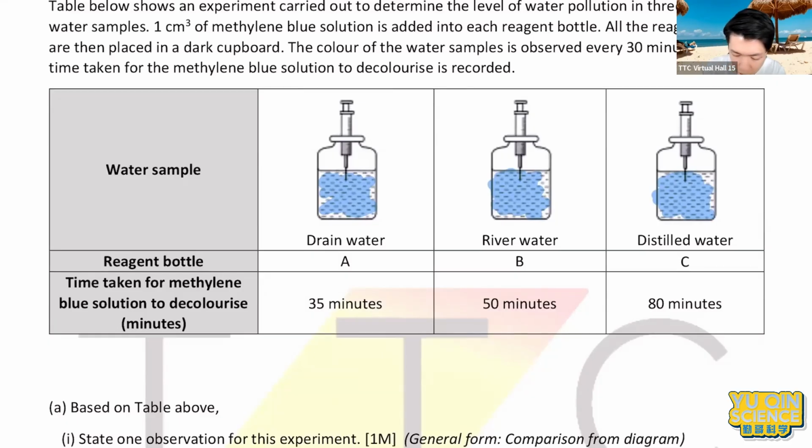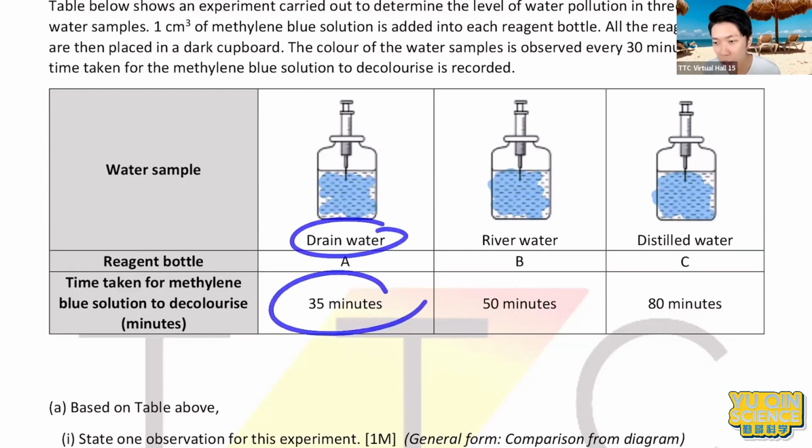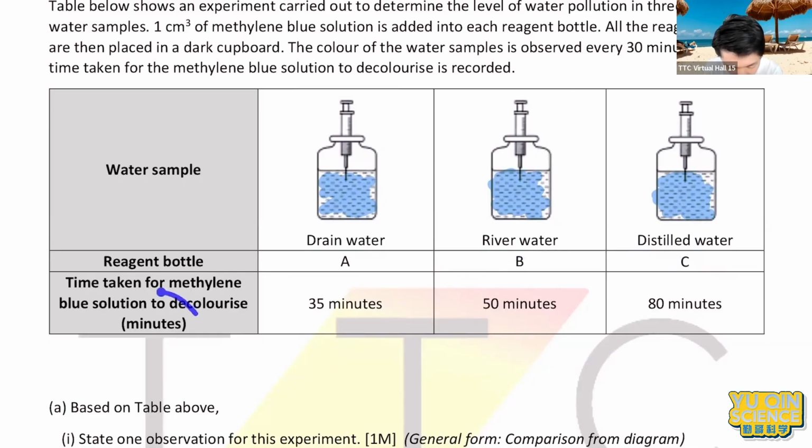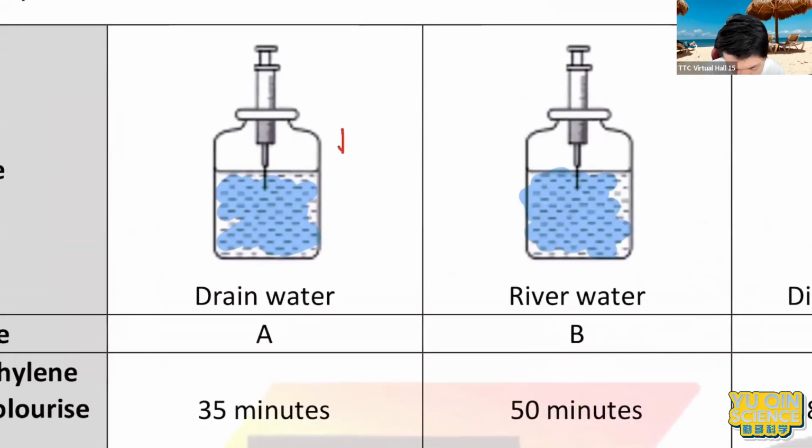So, my friends, drain water took 35 minutes. Compared to the rest, that is very fast. Very fast to become colorless means the water has very little oxygen, a lot of microorganisms, and the water is polluted.